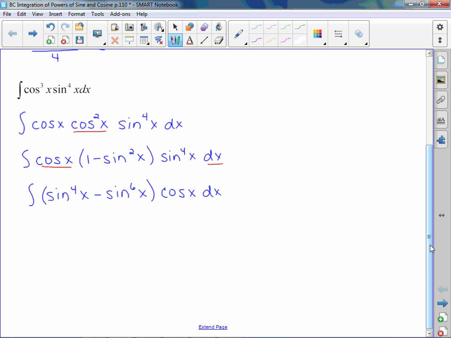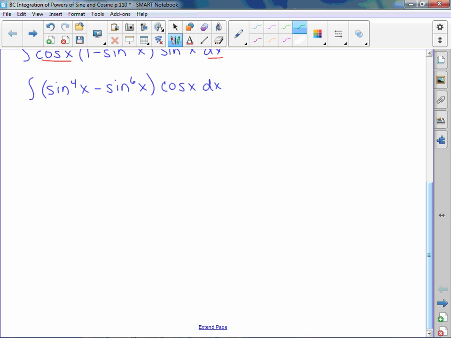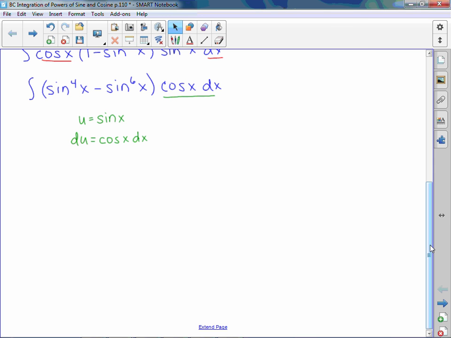All right, now I'm ready to choose my u. My u is going to be sine. So that means my du is going to be cosine x dx, which I have here. So we have the integral of u to the 4th minus u to the 6th du. That's a much simpler problem to take the integral of now.